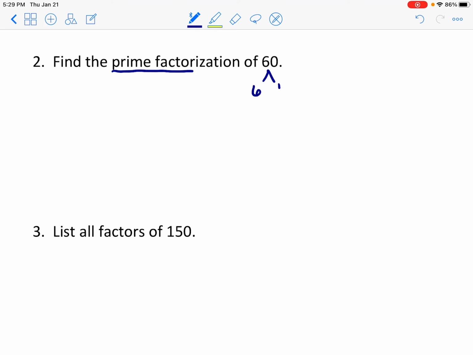60, again, we could say is 6 times 10. Now these are both composite, so I would continue to break down both branches. So 6 we could say is 2 times 3, and 10 we could say is 2 times 5. So all of those prime numbers at the bottoms of those branches, those make up what we call the prime factorization.